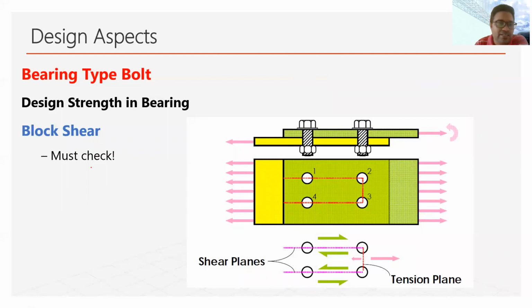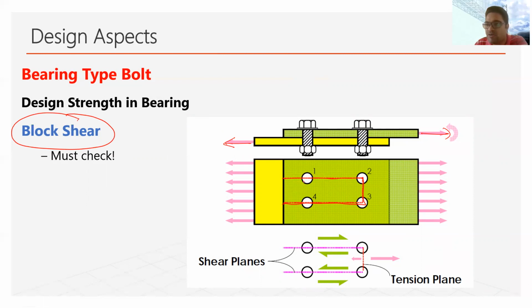Then the next criterion is the block shear. Well, block shear is sometimes experienced because of the tension force or this shear force, and sometimes this whole block may fail. This kind of failure is called block shear.